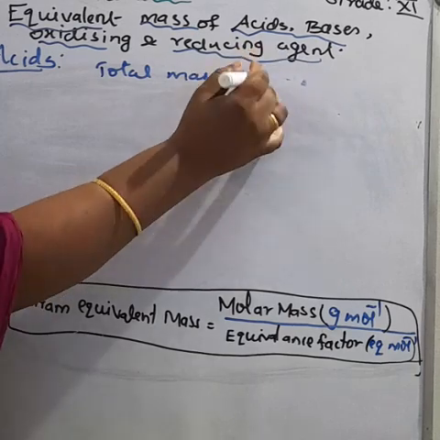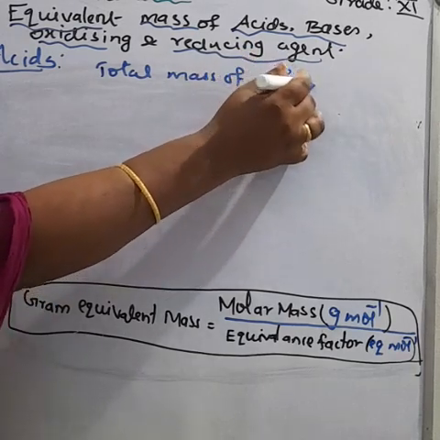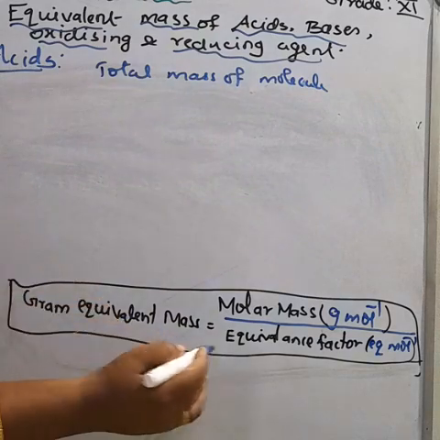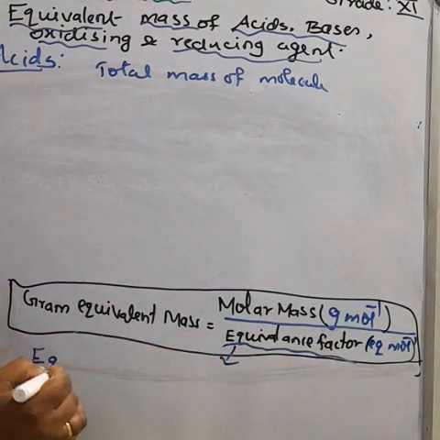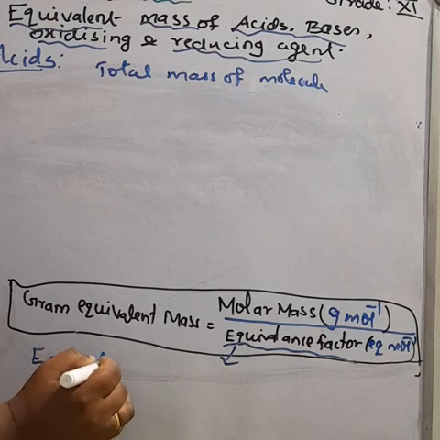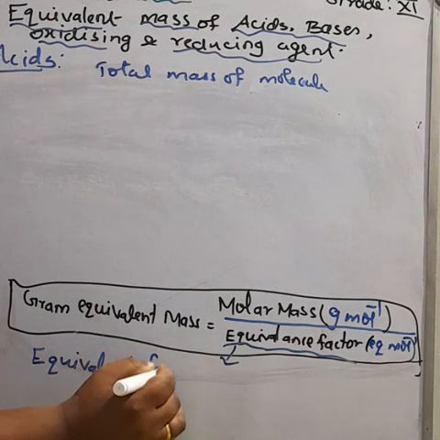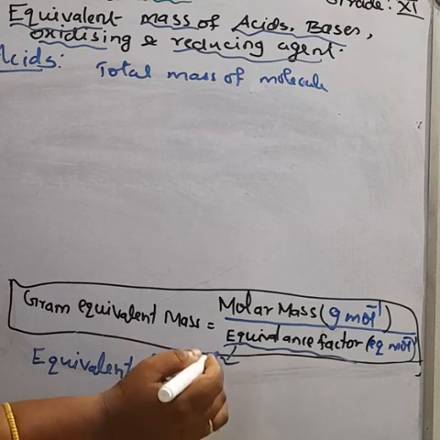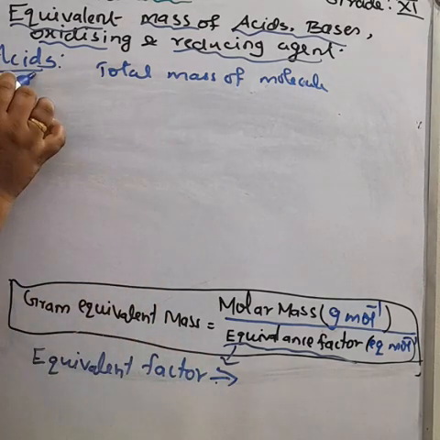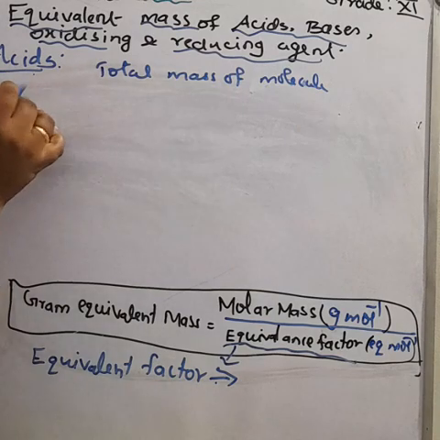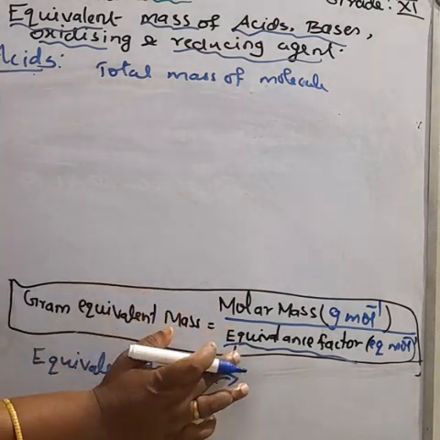And what do you mean by equivalence factor? If you are calculating the gram equivalent mass of acids, the formula is molar mass divided by equivalence factor.